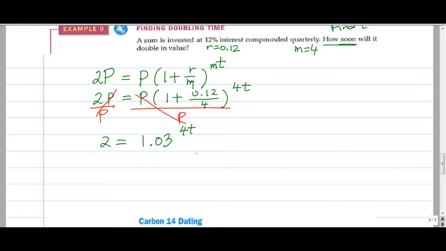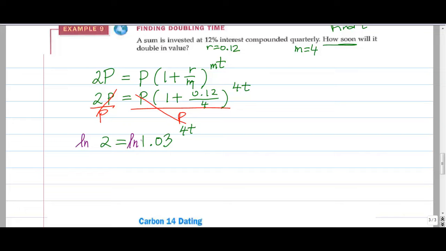Now, how can I get the t by itself? This is where natural log comes in. Okay? If I take the natural log of both sides, and I always write my ln like this, not to confuse it with 1 times n. Okay, it's just a habit I developed early on.